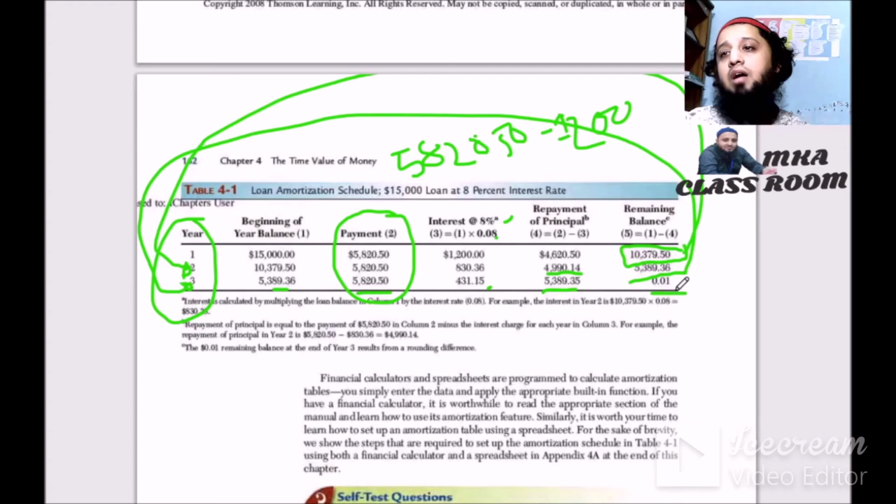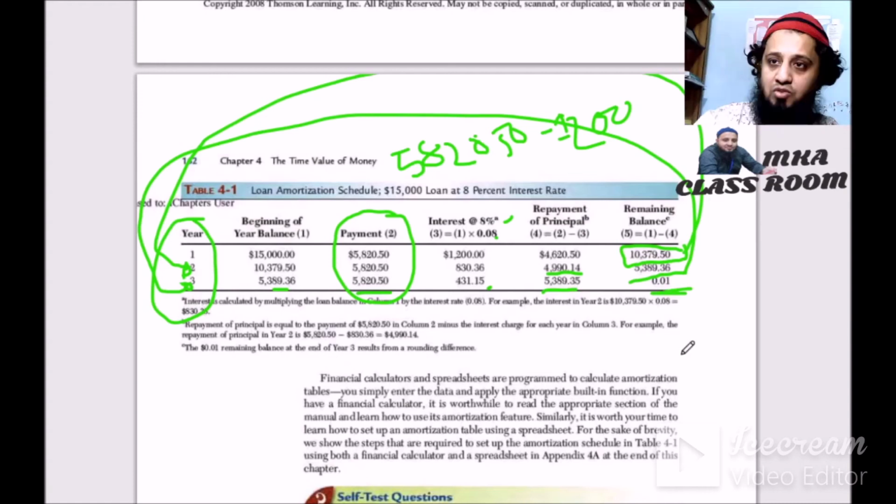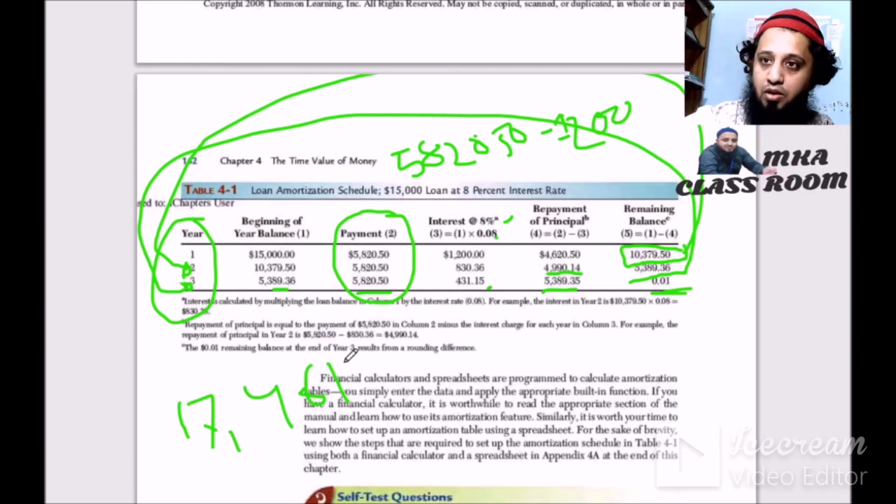Remember that we took a 15,000 taka loan, and what amount are we going to pay? 5,820.50 multiplied by 3, so we are paying 17,461.50. The remaining 2,461.50 is our interest.